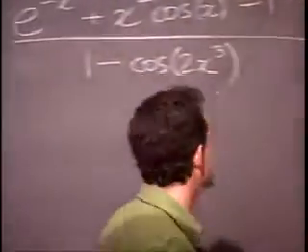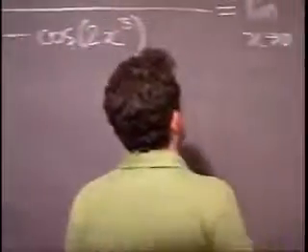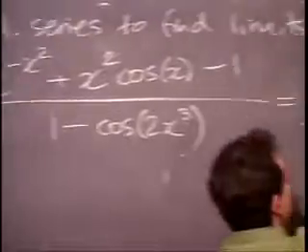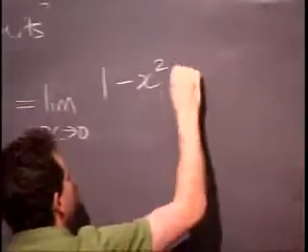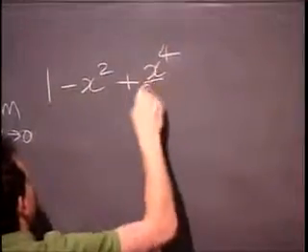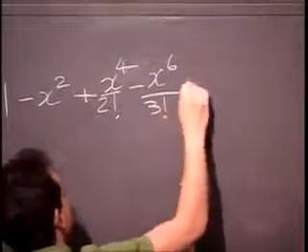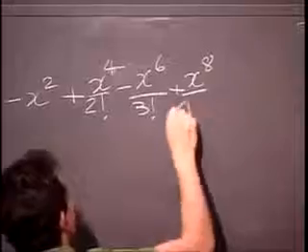Actually, let's do terms up to 8. You'll see that you don't need as many, but e to the minus x squared is going to be 1 minus x squared plus x to the 4th over 2 factorial minus x to the 6th over 3 factorial plus x to the 8 over 4 factorial, and so on.